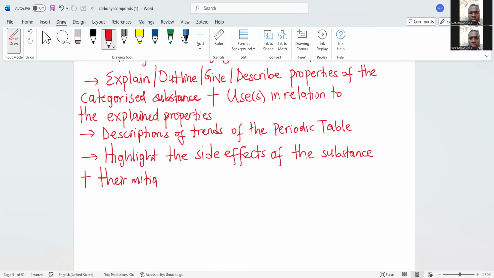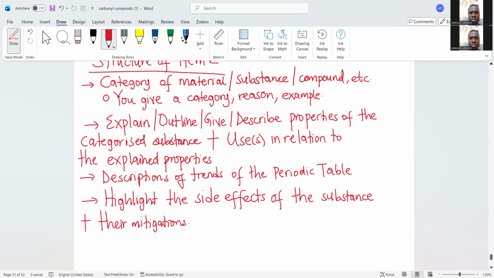If you say that so and so causes skin irritation, how can that be mitigated? So that people who are consuming or interacting with that substance can take serious note of the side effects that arise from misuse of the product, and also how one can mitigate or solve those side effects.